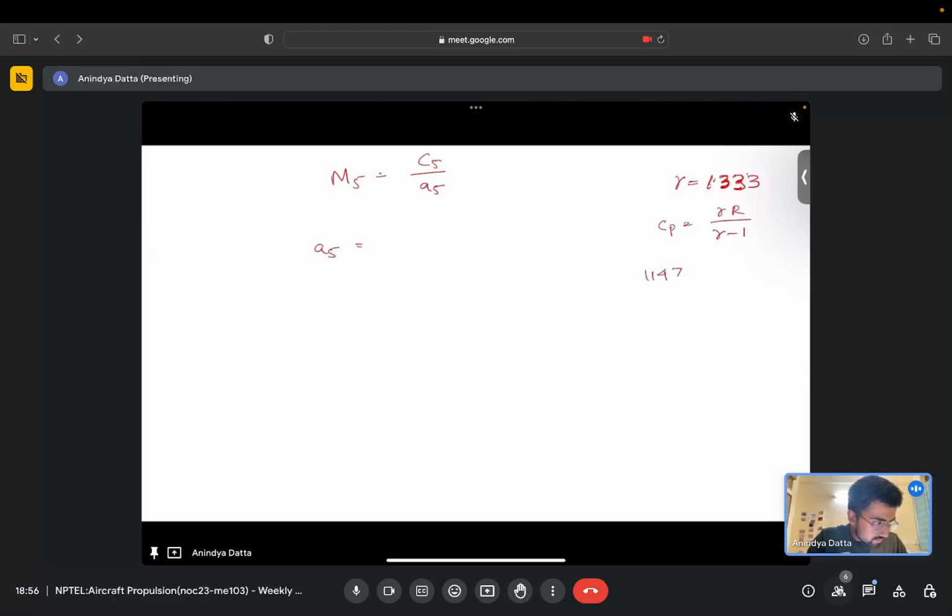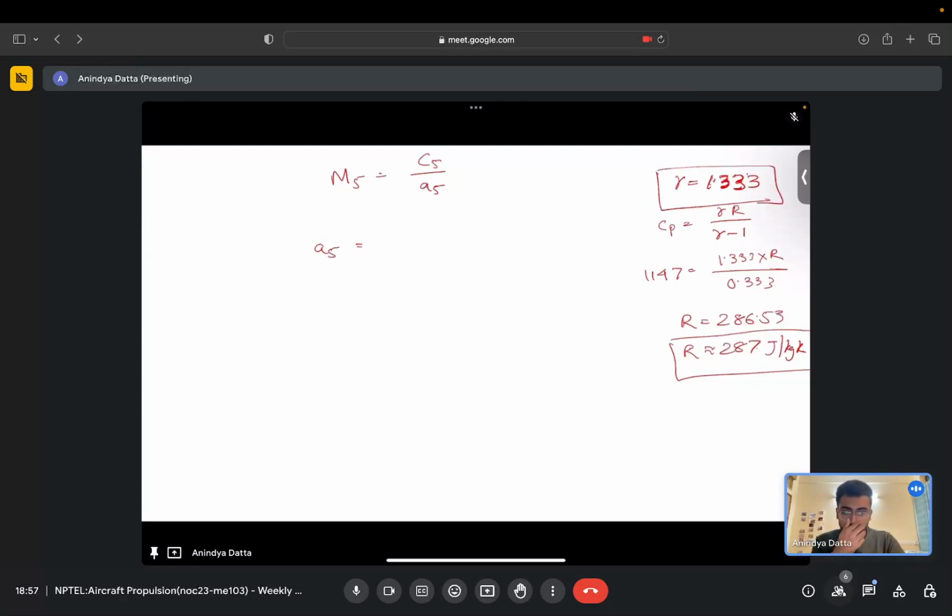Cp is 1147, gamma is 1.333, so R is 1147 times 0.333 divided by 1.333. R comes out around 286.53, which is like 287 only, what we generally use, 287 joule per kg Kelvin.